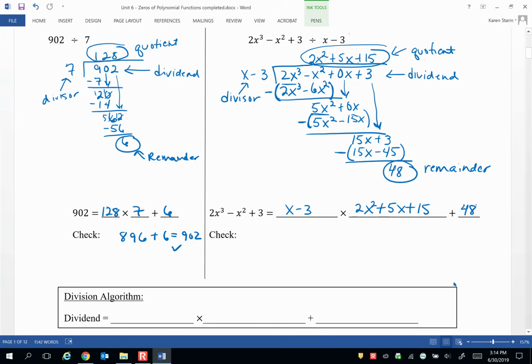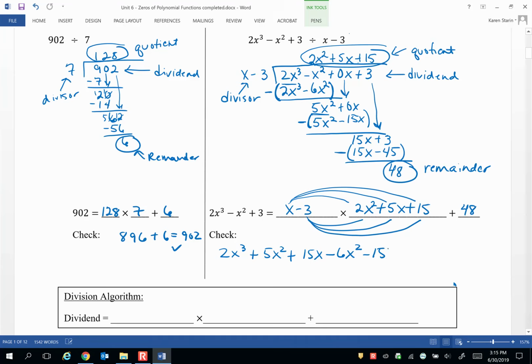If we did all of that multiplying out, we have to distribute x times each term, and then negative 3 times each term, and then add 48. We will get 2x cubed plus 5x squared plus 15x minus 6x squared minus 15x minus 45 plus that 48.